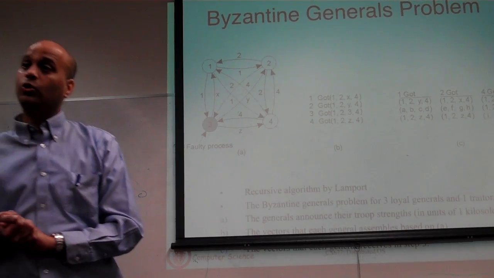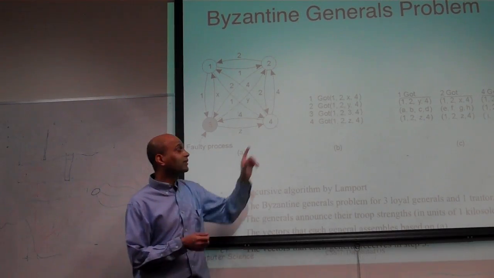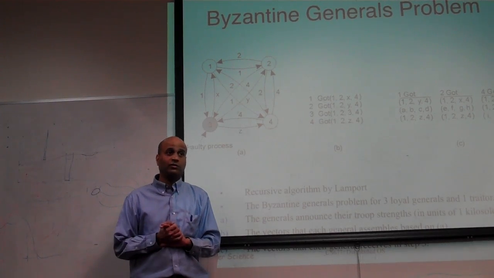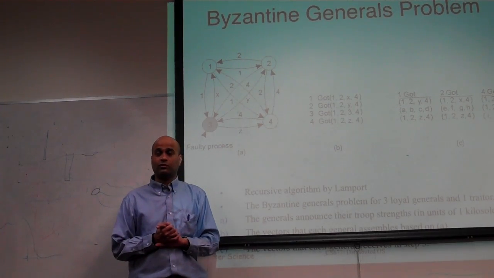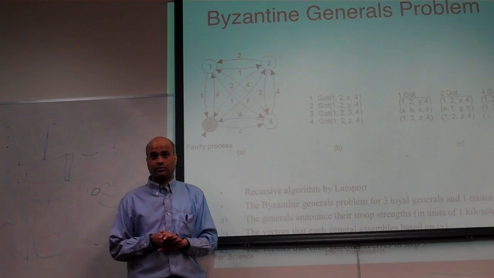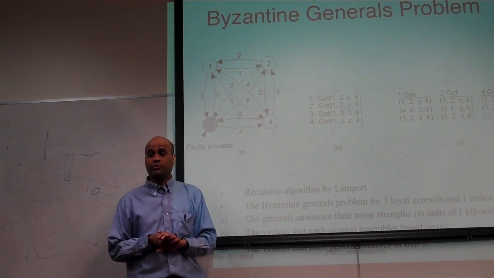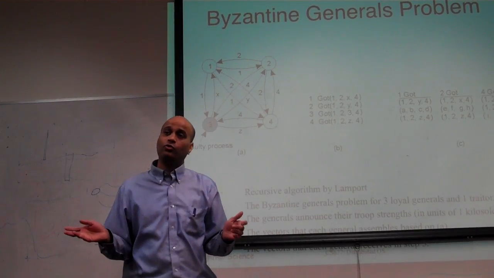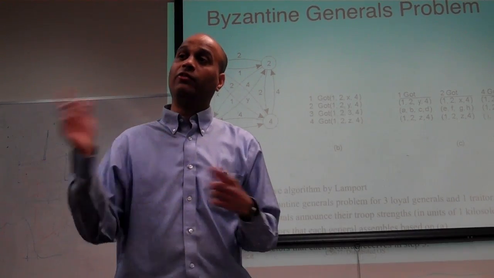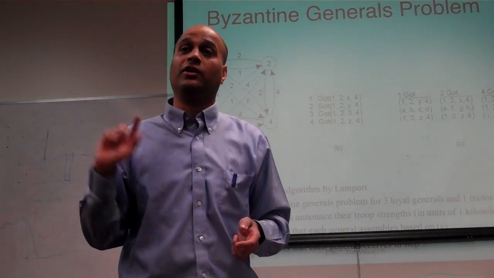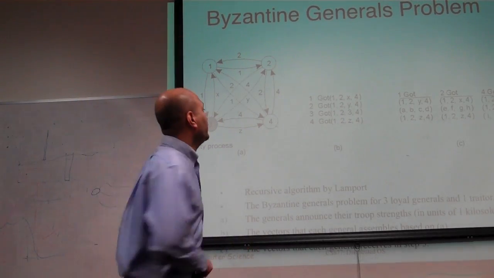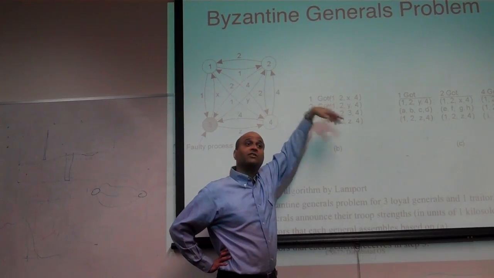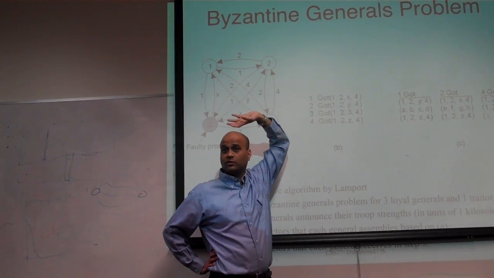Okay. Now to figure out who the traitor is, we ask each of the generals: tell me what you received from the others. So we want to see who is lying. Each person has told all the others what they have, and now everyone is asking everyone else to tell what they received from all the others. So each general now has to take this vector and broadcast it to everyone else.